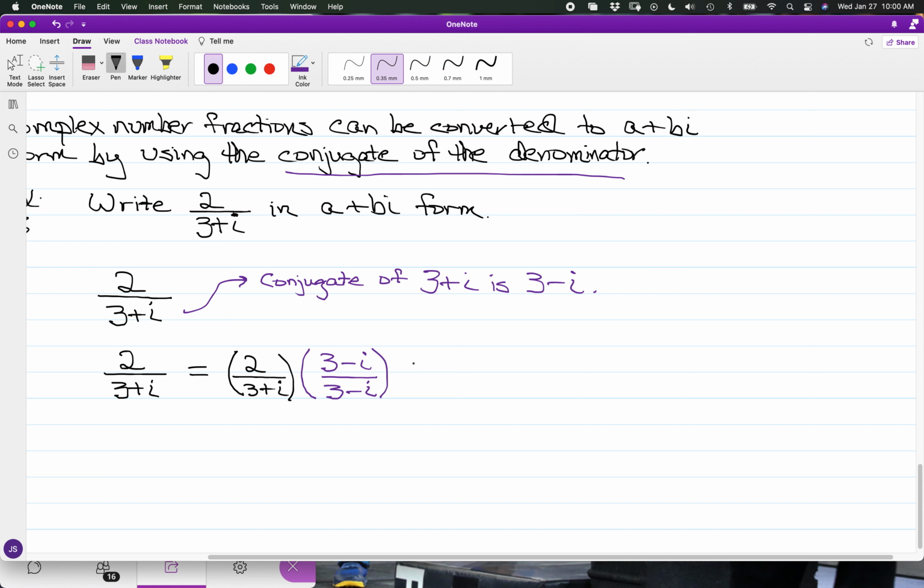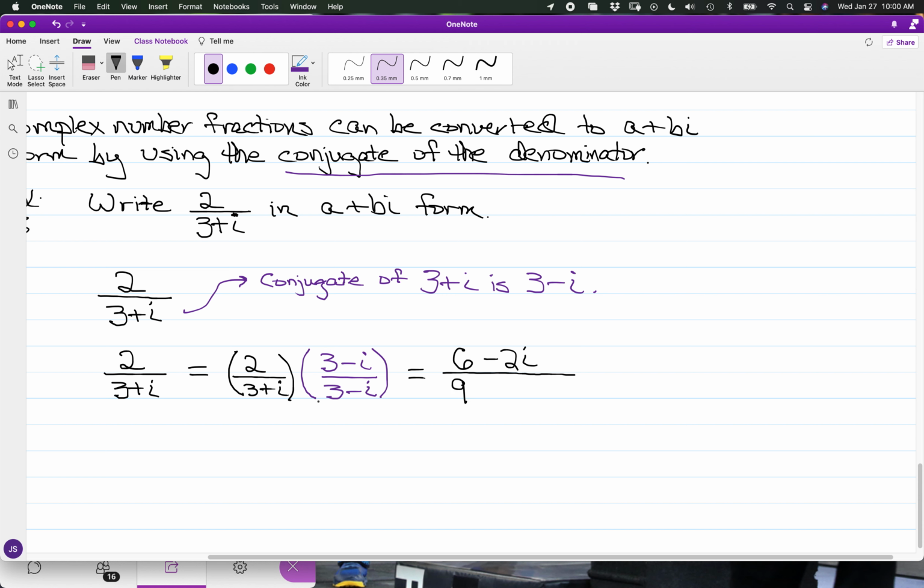Okay, so once we look at distributing the numerator and denominator terms, you have 2 times the quantity of 3 minus i. So this is going to be 6 minus 2i. And again, just for the product of conjugates, we're just going to have one number. So you have 3 times 3 is 9.